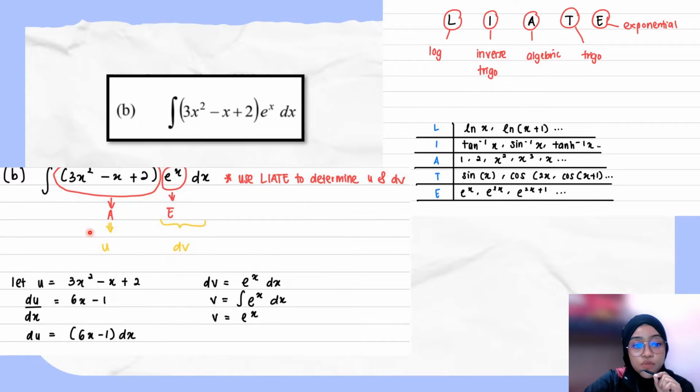After we determine u and dv, we let u equal 3x squared minus x plus 2, and we find du over dx.